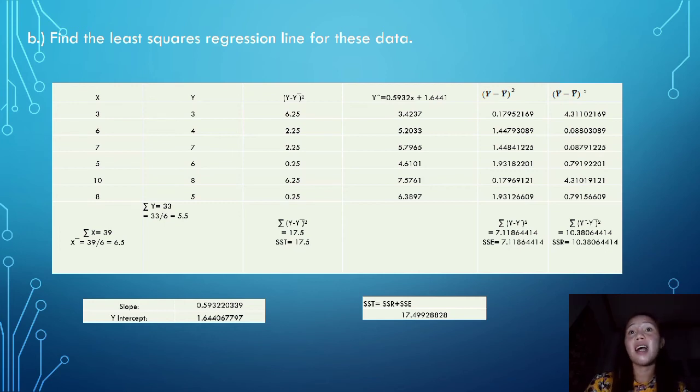The last formula that we compute is y hat minus y bar, then squared. So to sum up the sum of the squared errors, add all 6 data to come up with 7.12. Last formula: y hat is 3.4237 minus y bar, which is 5.5, then squared, and the result is 4.3110269 or 4.31.